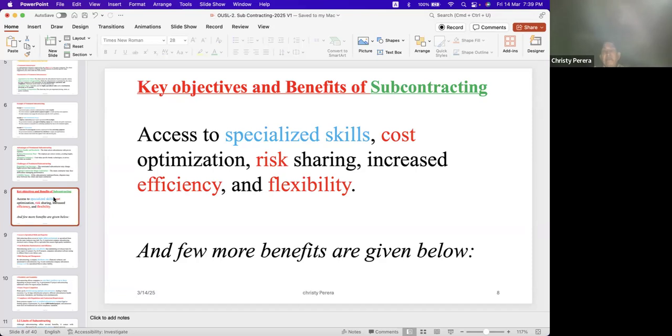Access to specialized skills, cost optimization. Sometimes cost might come down. In one place, I told you that nominated subcontractors' price might be high, but we can negotiate and we can reduce that.